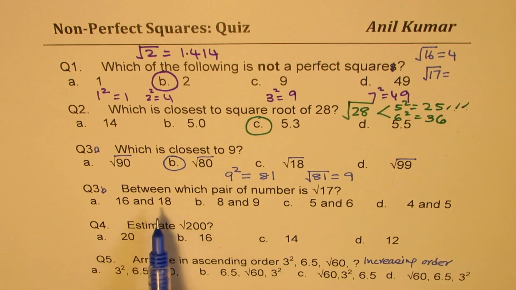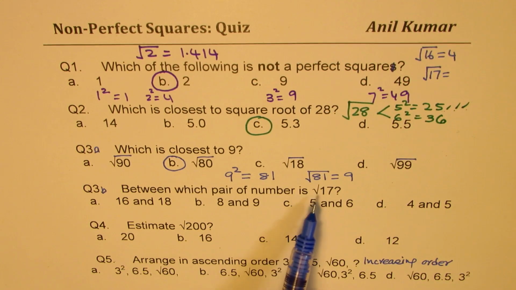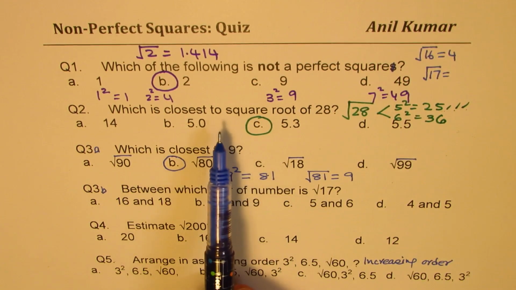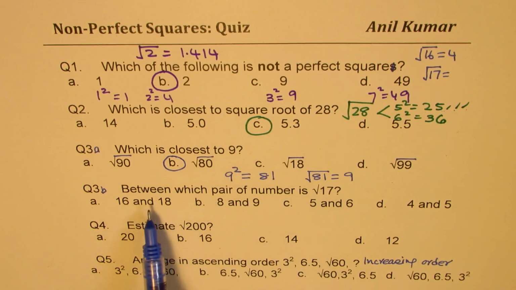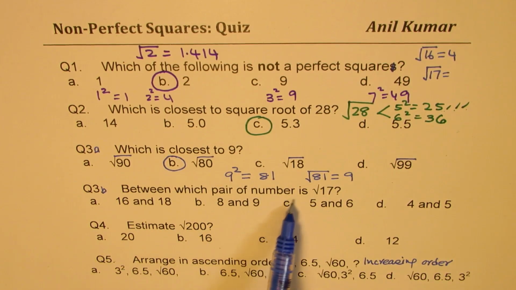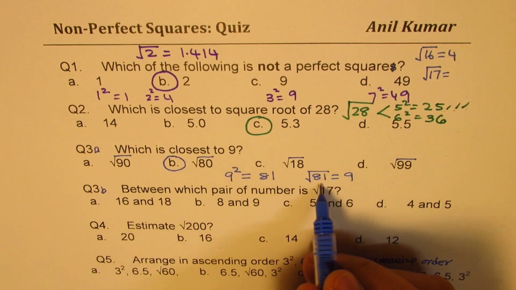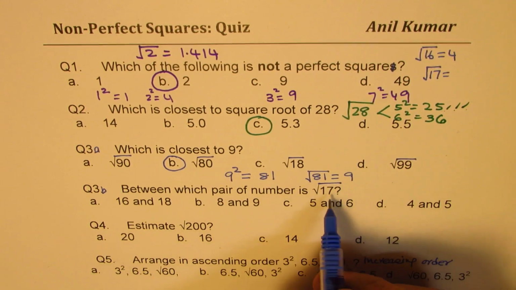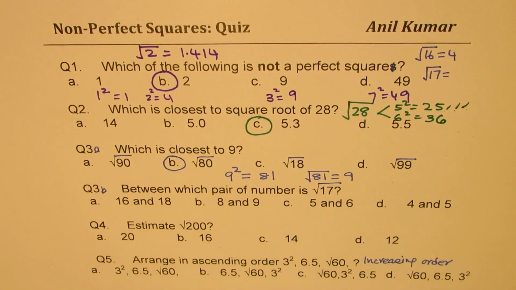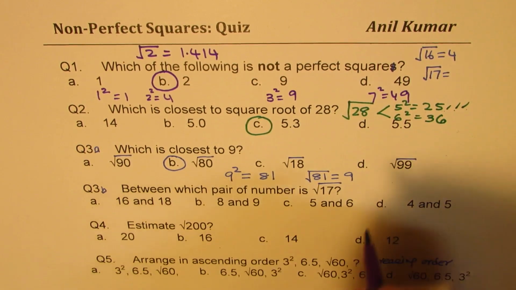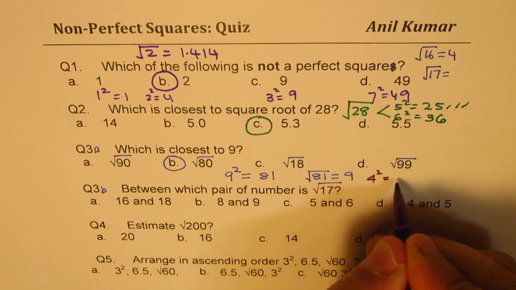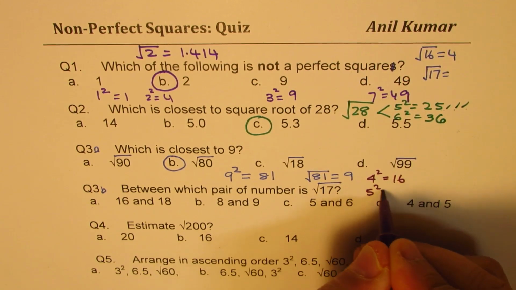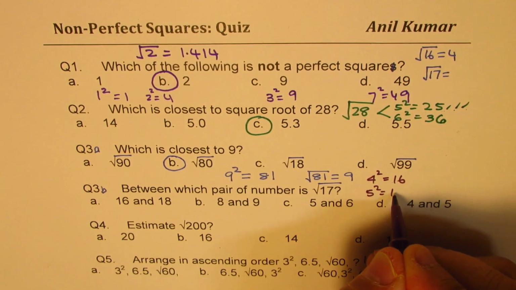3B. Between which pair of numbers is square root 17, right? So this is very similar to question number 2. So between which two numbers is square root 17? So that means we have to look for numbers. What is 4 square equal to? Well, 4 square is equal to 16 and 5 square equals 25.